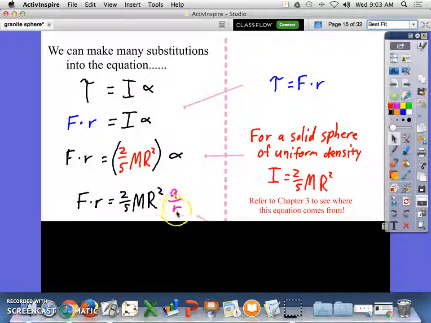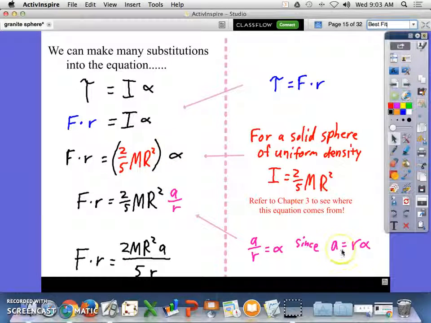Okay, the next thing is we've got this angular acceleration alpha, and we've got no meter to measure angular acceleration. You may be familiar with this at the high school level: x, displacement, equals r times theta, and v, velocity, equals r times omega. And a, acceleration linearly, is equal to r times alpha.